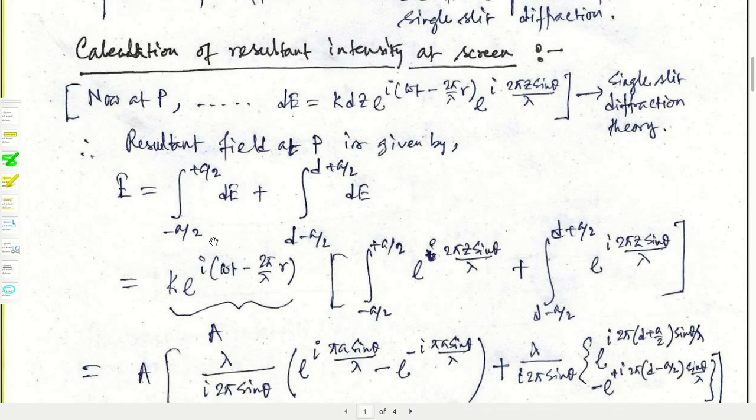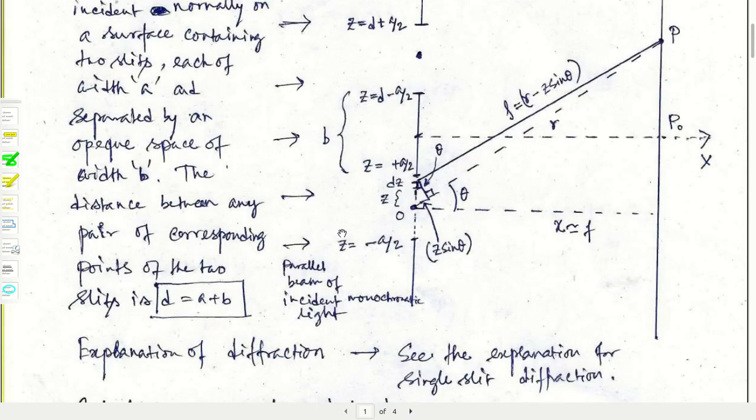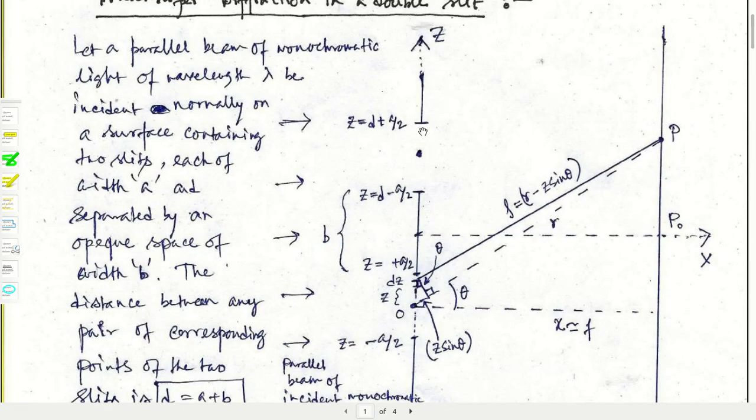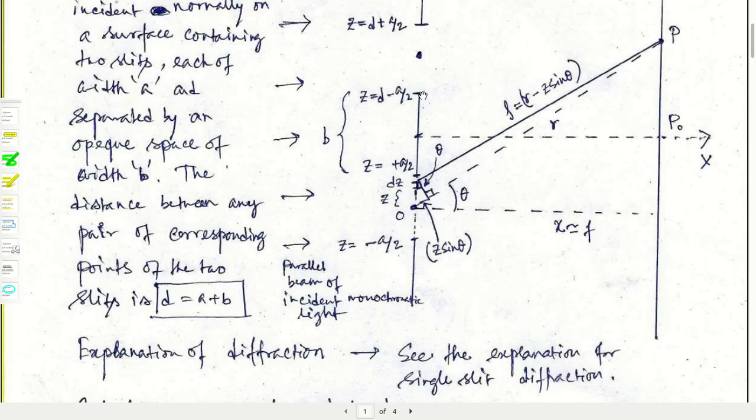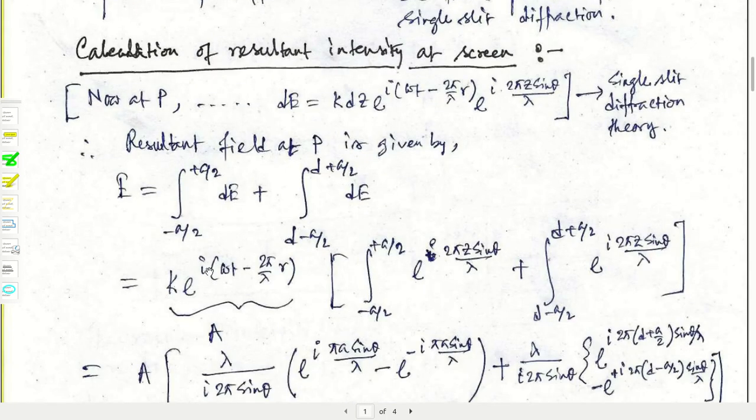So the integration will be minus a by 2 to d plus a by 2, yes, because the lower limit is minus a by 2 and the upper limit is d plus a by 2, but there is a discontinuity. So the integration will be minus a by 2 to plus a by 2 plus d minus a by 2 to d plus a by 2. d minus a by 2 is the bottom point of the upper slit and d plus a by 2 is the topmost point of the upper slit.